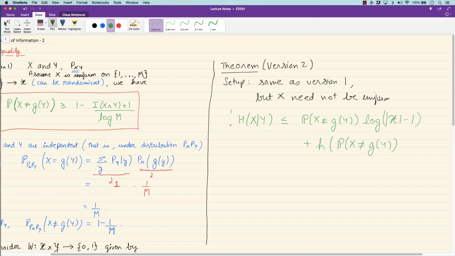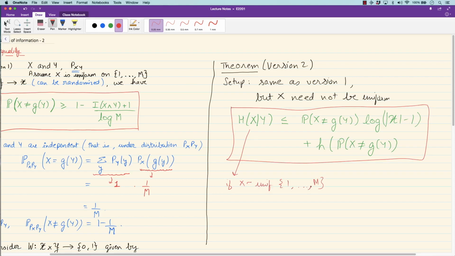It looks very much like version 1. In fact, if x is uniform on 1 to m, then H(X|Y) is H(X) minus the mutual information.